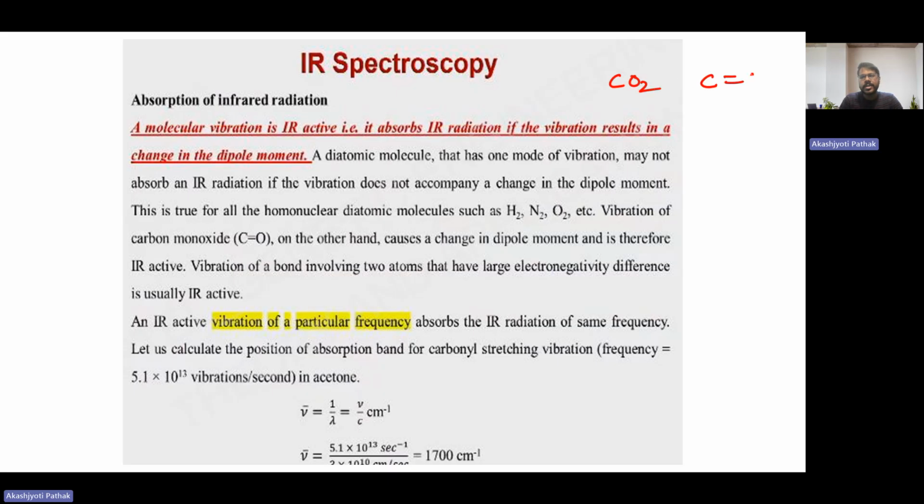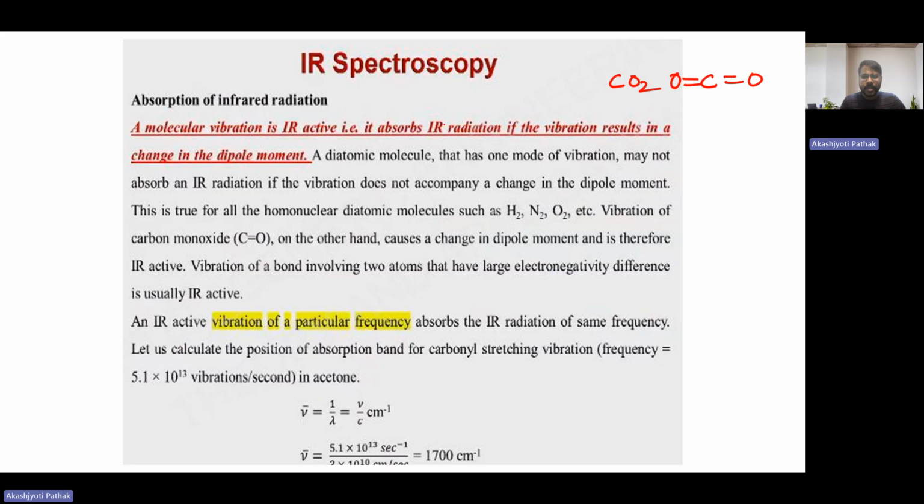So it has a linear orientation. That is why if you utilize Raman spectroscopy, then this carbon dioxide molecule will show bands. But if you utilize IR spectroscopy, then this linear molecule will not show any absorbance.